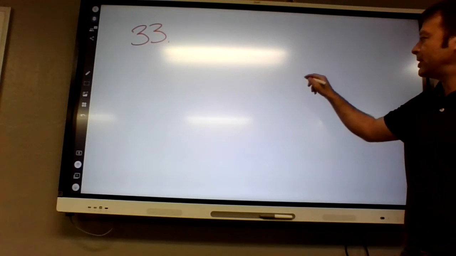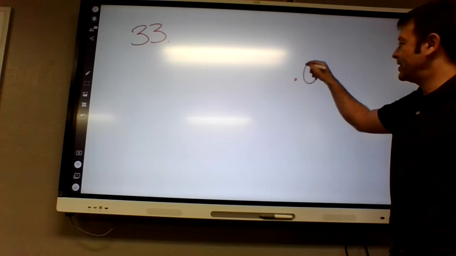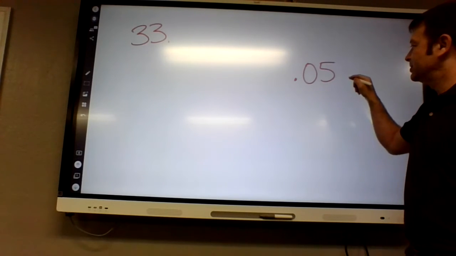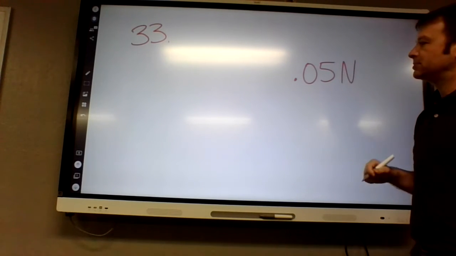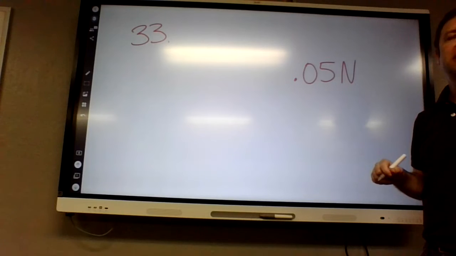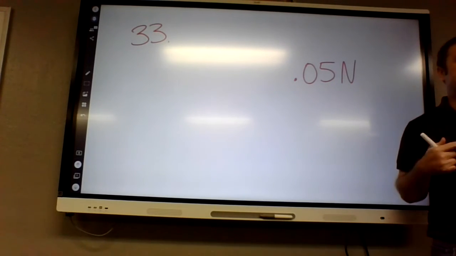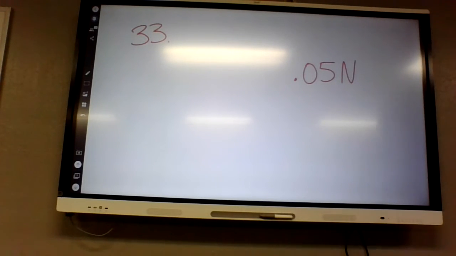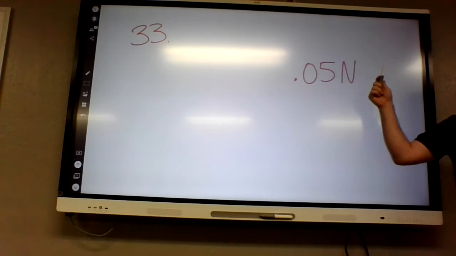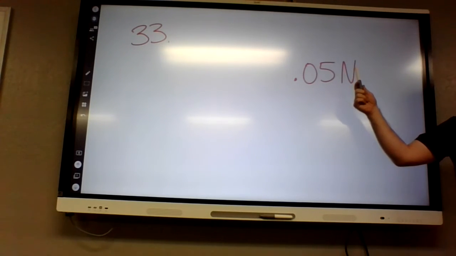So the value of the nickels is represented by 5 cents times N. Each nickel is worth 5 cents, so you take 5 cents times N. N stands for the number of nickels, it doesn't stand for 5 cents. Does that make sense?